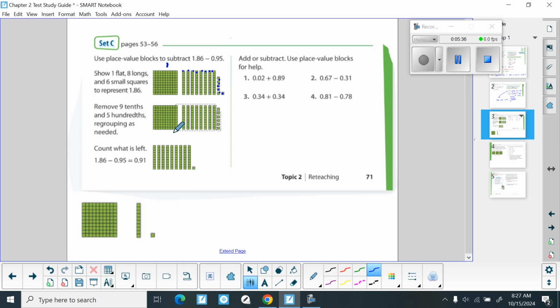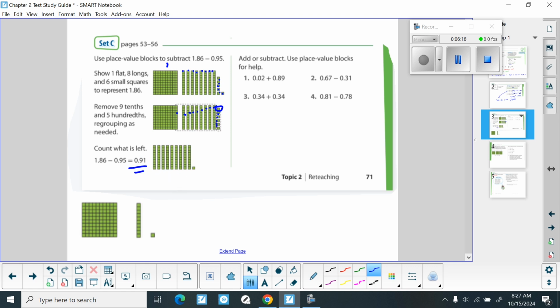Well, they subtract away 95/100 from that by taking 9/10 and 5/100, leaving us with, what do we have here?